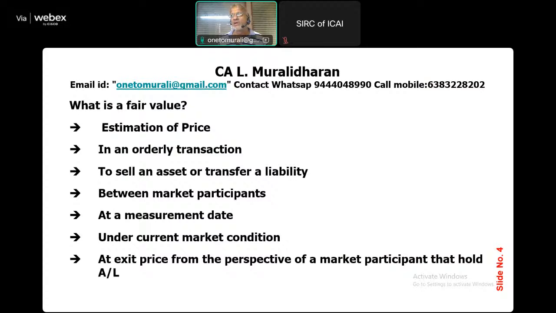Estimation in an orderly transaction. What do you mean by orderly transaction? When any transaction is done out of order, then the price is going to be higher. For example, for getting a passport, it will take 3 to 6 weeks, and it has got a price.